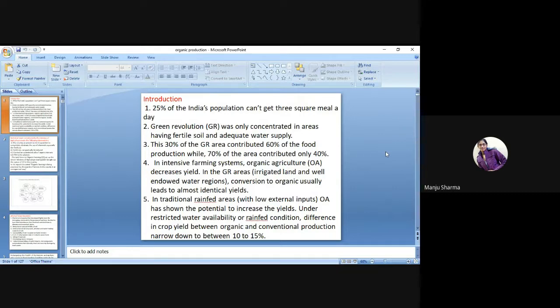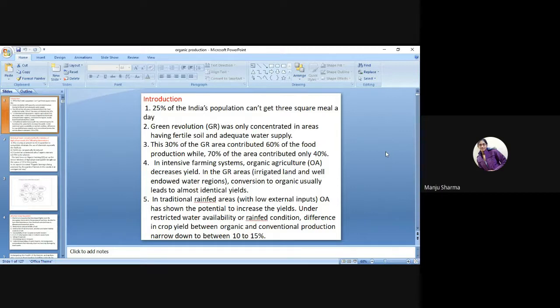Then, in traditional rain-fed areas with low external inputs, organic agriculture has shown the potential to increase the yields under restricted water availability or rain-fed conditions.